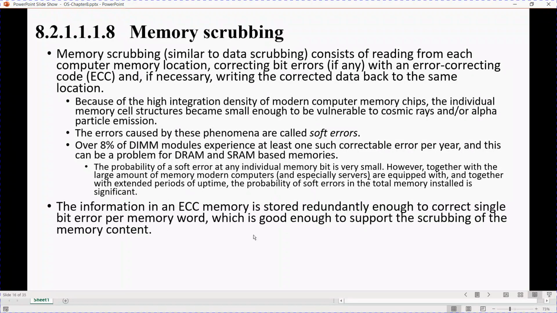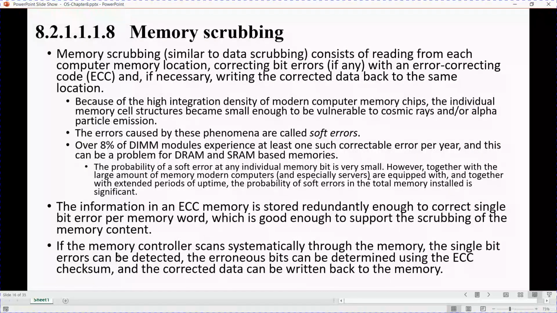Now, the memory modules are designed with enough redundancy to correct single bit errors, and that is generally good enough to support scrubbing as long as it is done regularly.